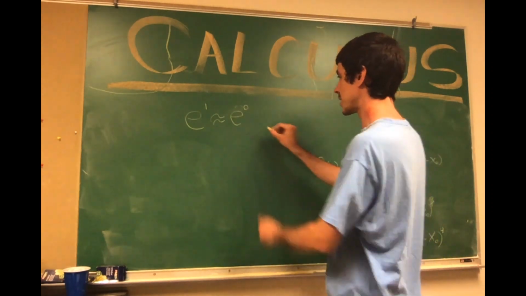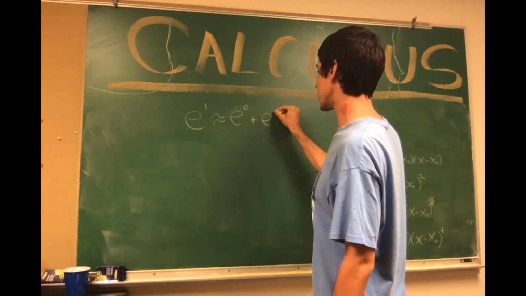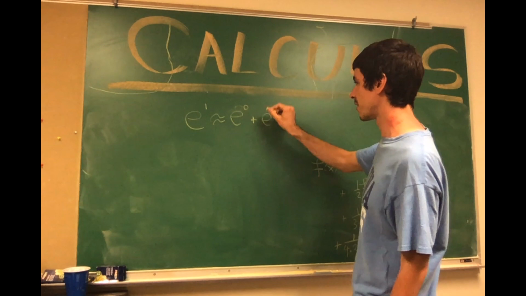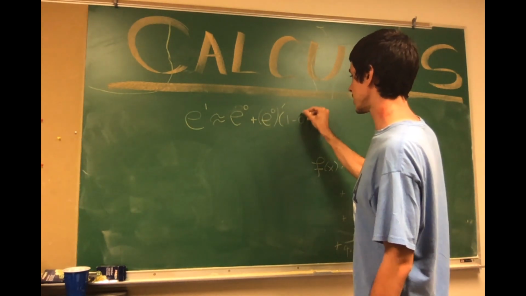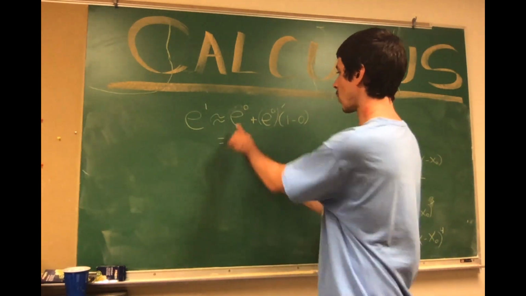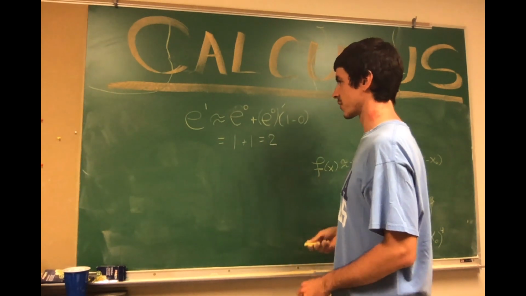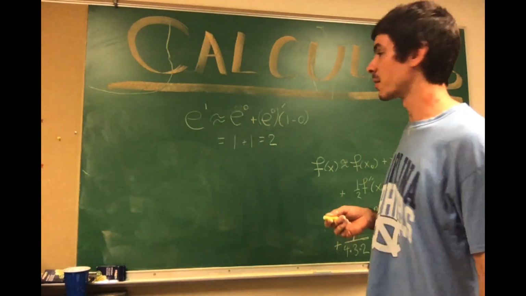So this is going to be approximately equal to e to the 0 plus e to the 0 prime times 1 minus 0, because e to the 0 is the derivative, right? So of course this just equals 1 plus 1 times 1. So it's 2, which of course we know that e is not actually 2. So that's not an incredibly good approximation.